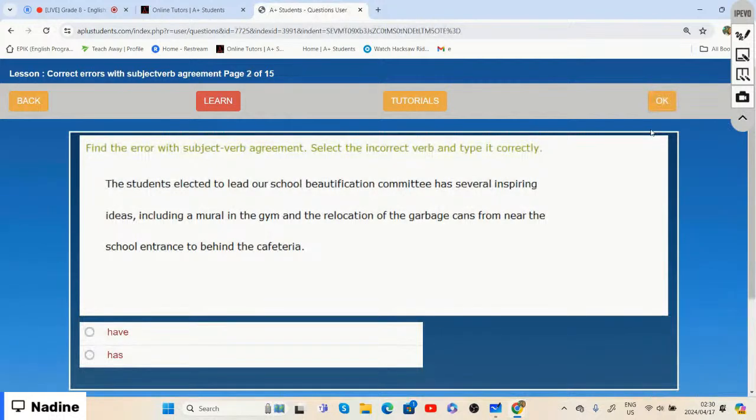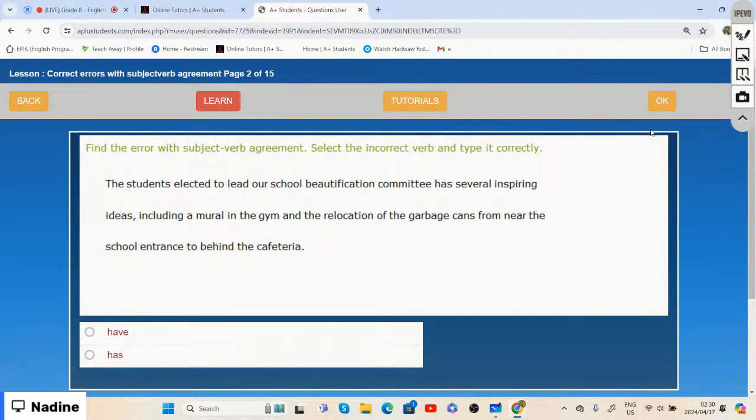The students elected to lead our school beautification committee has several inspiring ideas, including a mural in the gym and the relocation of the garbage cans from nearby the school entrance to behind the cafeteria.